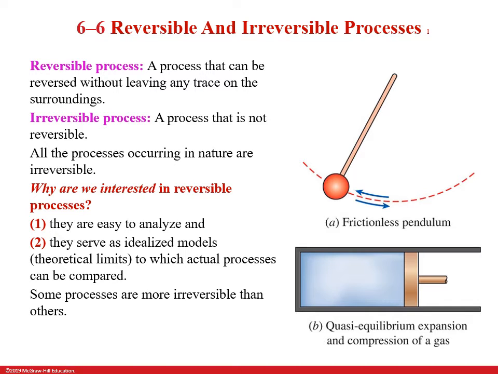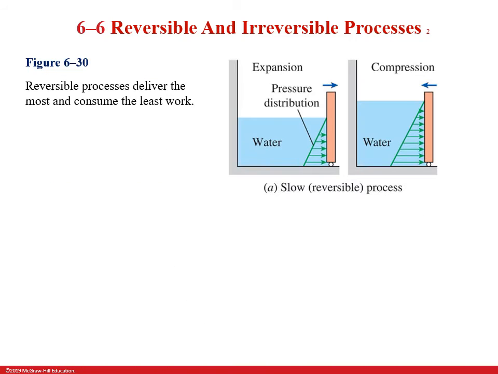And some processes are more irreversible than others. And of course, we try to approximate reversible processes, primarily because of the analysis. It makes the analysis much easier if we approximate it as a reversible process. So this is sort of a nice example of how you could envision why something is irreversible or not.